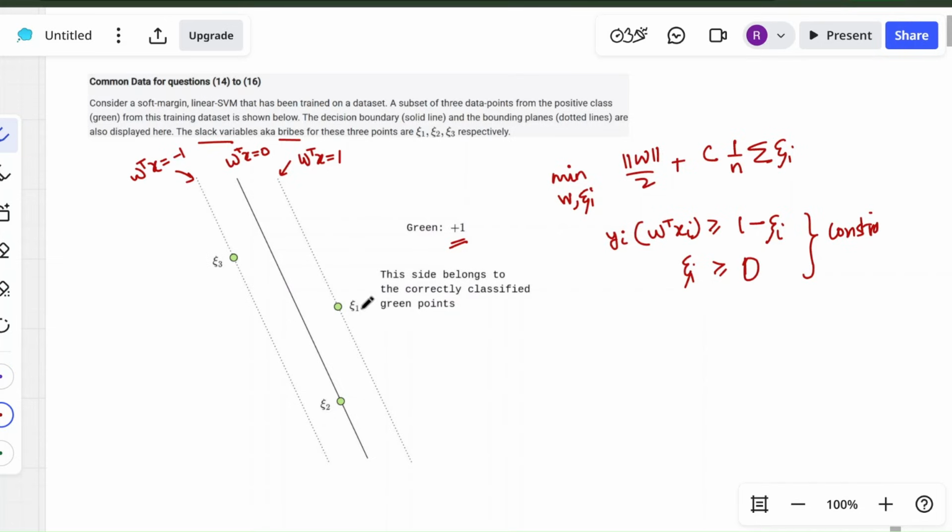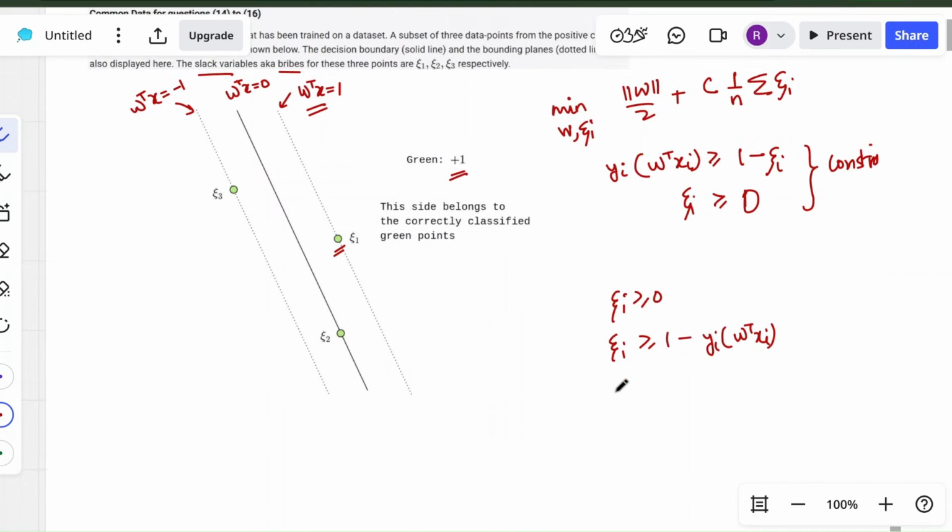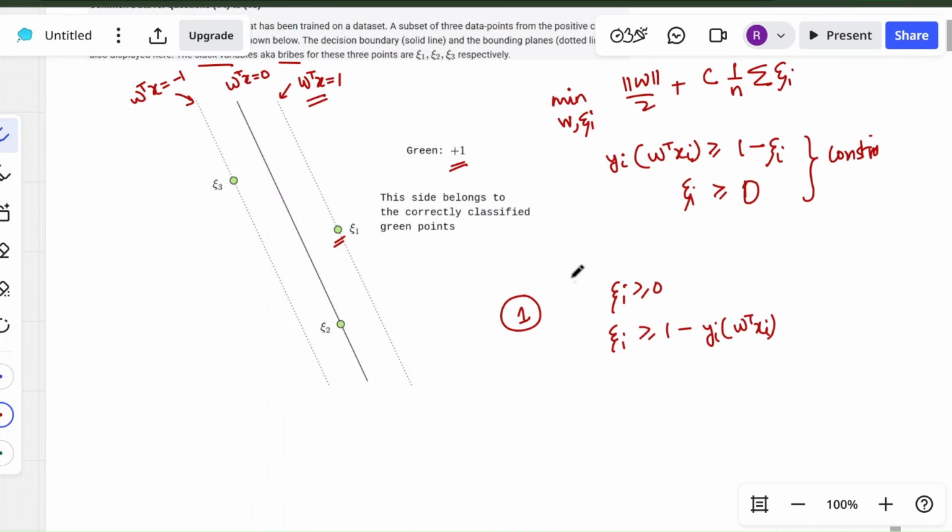So when the point is on this supporting hyperplane, the value of W transpose x is equal to 1, right? So we can say zeta i is positive, and zeta i is also bigger than or equal to 1 minus yi times W transpose xi. I'm talking about the first data point; this whole analysis is about this data point.